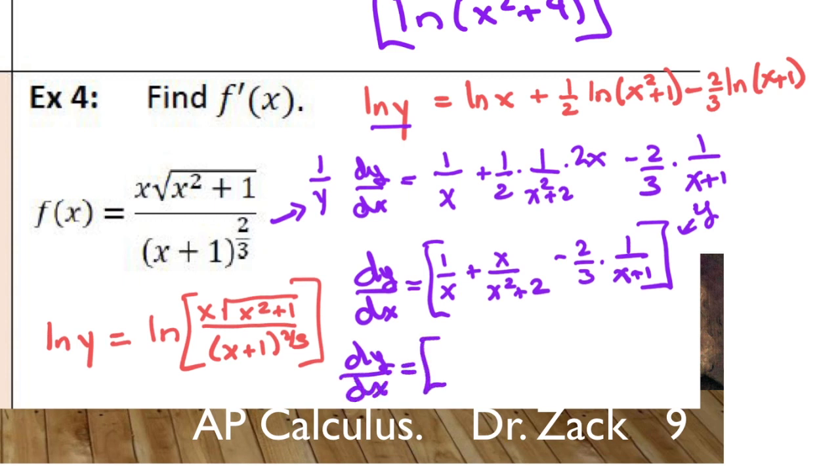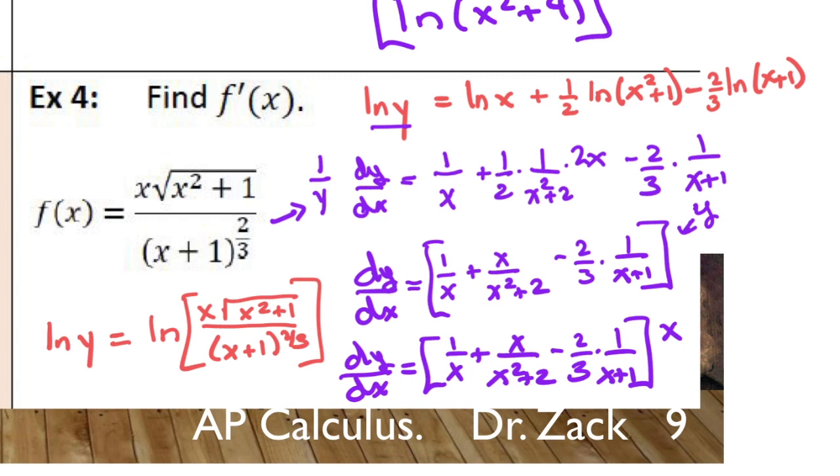And we will have 1 over x plus x over x squared plus 2 minus 2/3 times your 1 over x plus 1, multiplied by that original function, which is x root x squared plus 1 over the quantity x plus 1 to the 2/3.